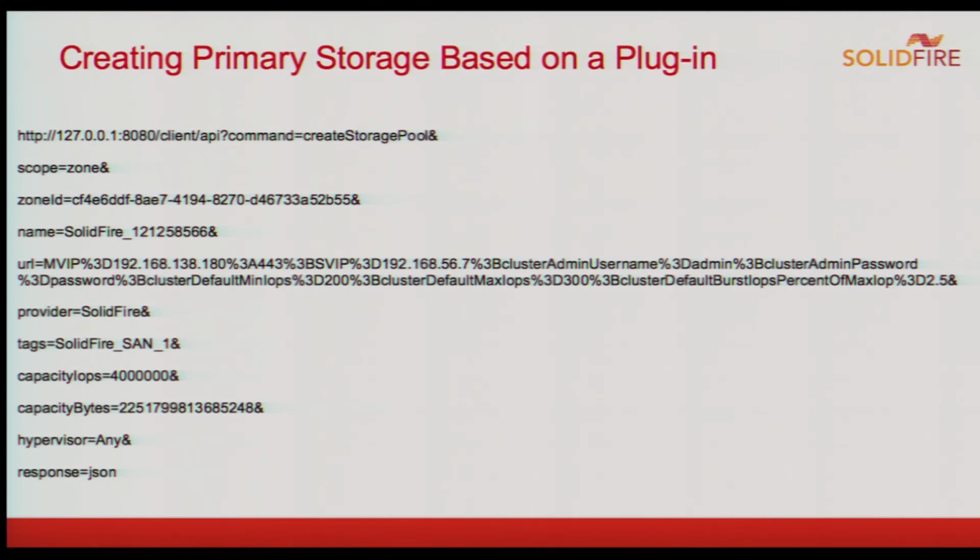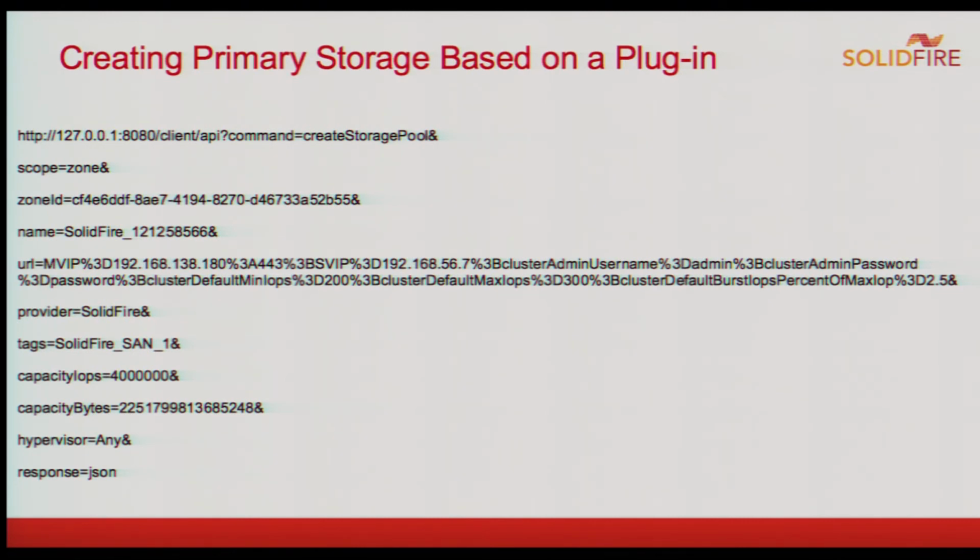Things like this. I love that this is in bytes and not gigabytes. That's 2 petabytes. In this case, I'm not giving you a pre-allocated volume. I'm giving you a subset of the SAN. So I'm saying you can use up to 2 petabytes or 4 million IOPS, and CloudStack will keep track of that as you spin up VMs.